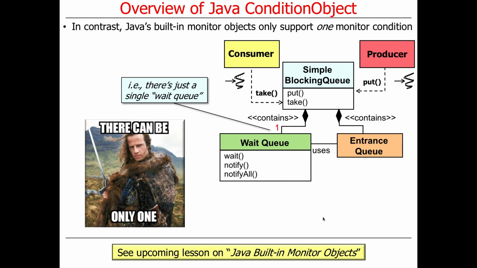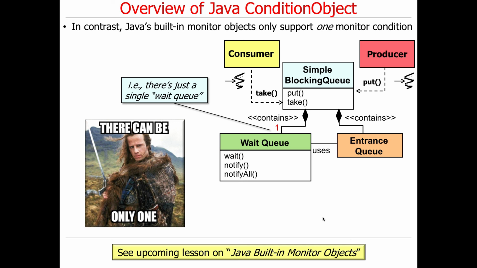In contrast, another way to realize the condition variable abstraction in Java is to use Java's built-in monitor objects. Remember, everything by default is a monitor object. Every object is a monitor object. Int is not a monitor object, but everything else is.